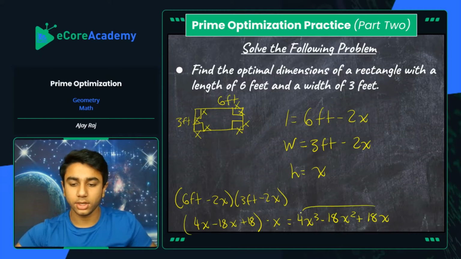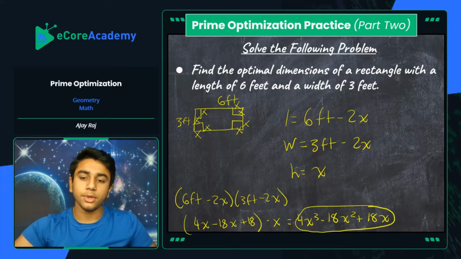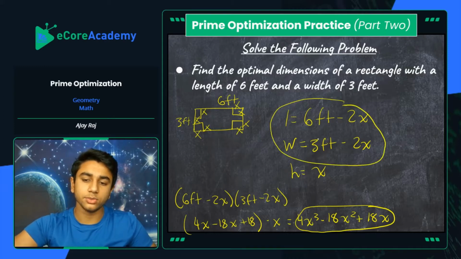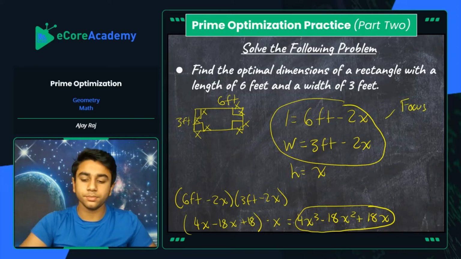That's how we calculate our optimum volume of this given rectangle. We only need these two values to calculate the optimum volume, because our h is automatically going to equal our x. So once we calculate these two values, we're all set. This is the focus point. This is all we need to know.